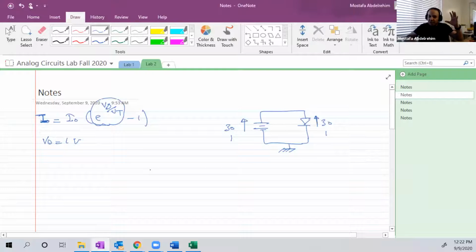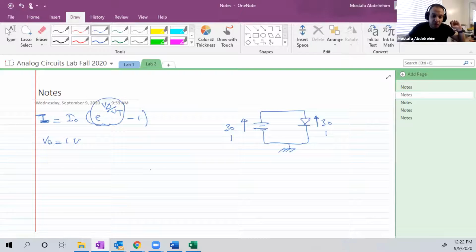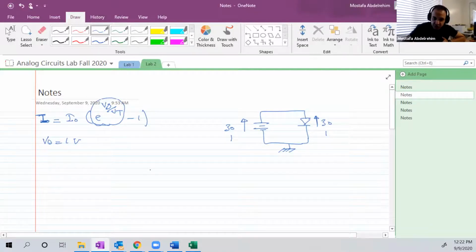So when you put a resistor in series with a diode, the diode is just a humble guy who takes his 0.7 volts, and the rest goes to the resistance in series with it. But even with that, it's not that simple.